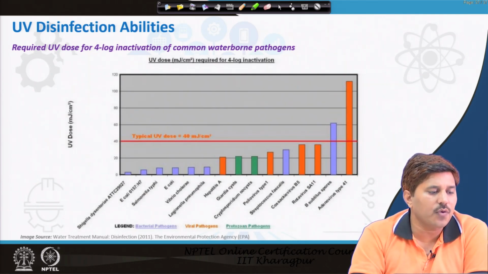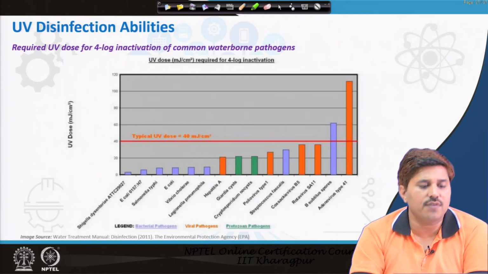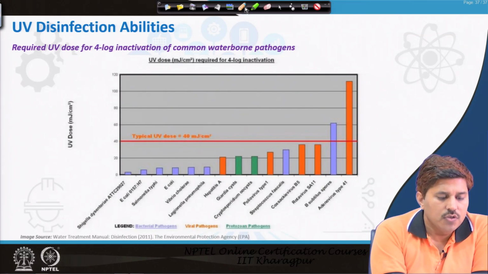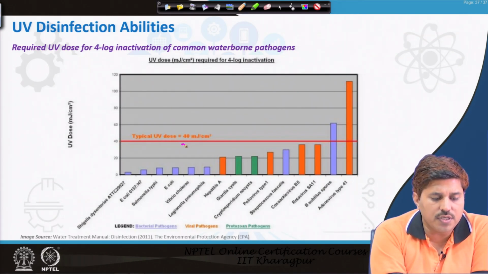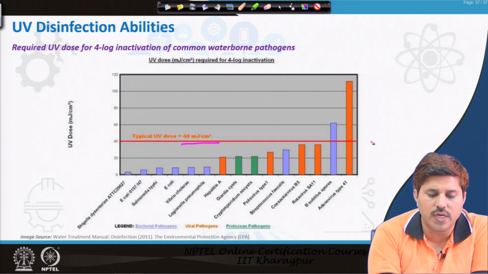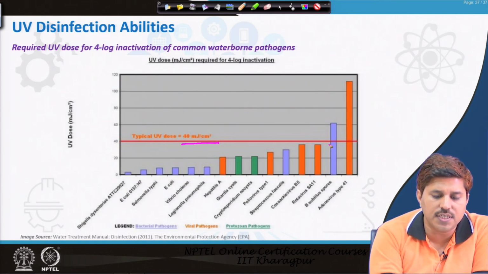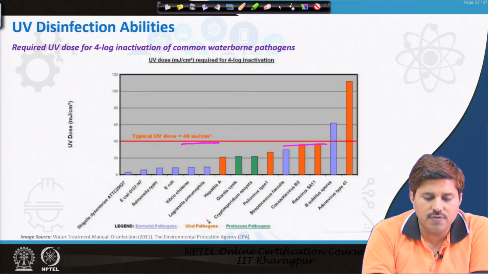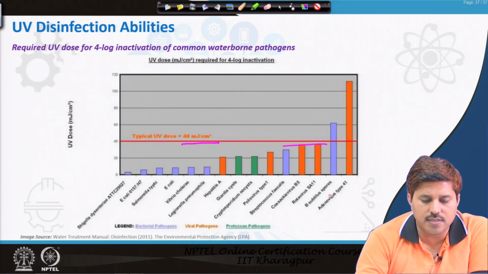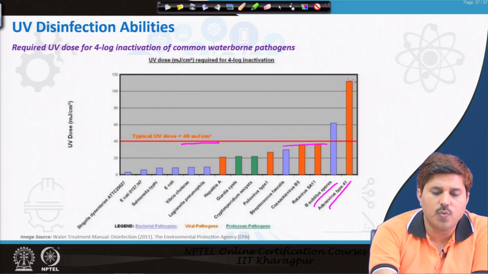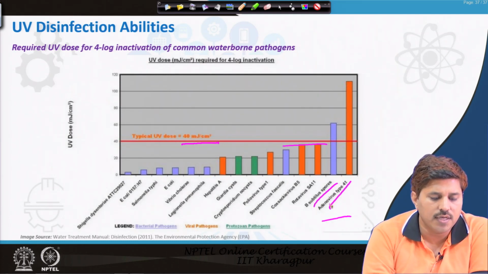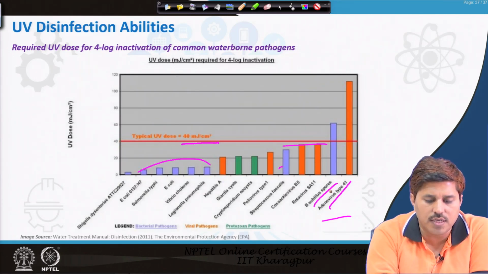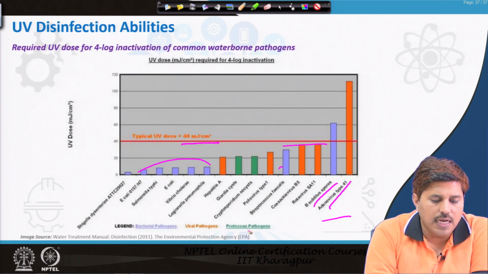If you see the required UV dose for 4 log inactivation of the common waterborne pathogens, typical UV doses are in the range of 40 millijoules per centimeter square, and this is sufficient to take care of the majority of the microorganisms. However, a couple of species may require higher doses. These are the bacterial pathogens, all more or less taken care of, apart from just one, the spores.